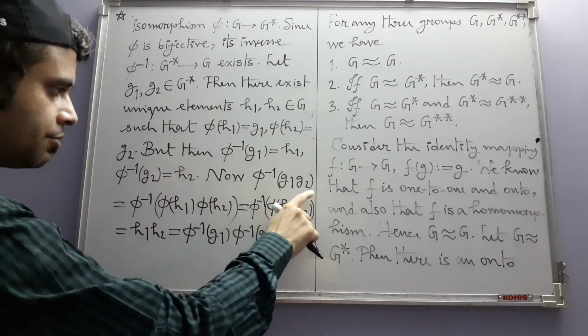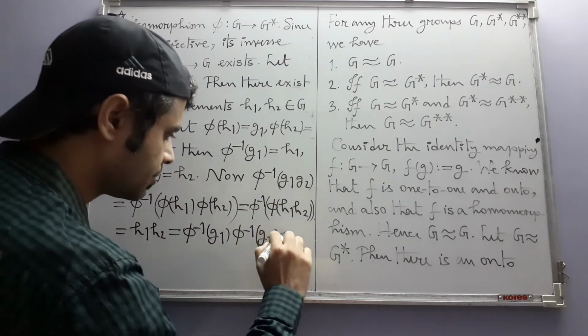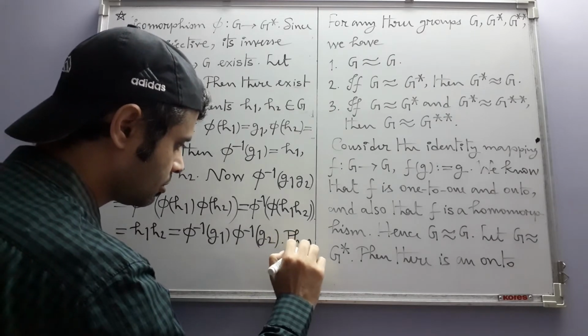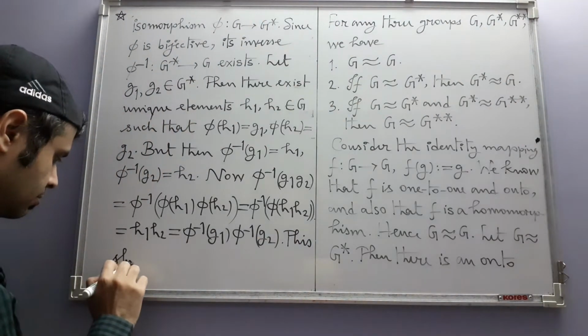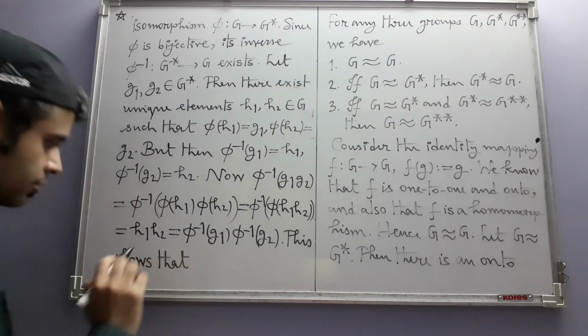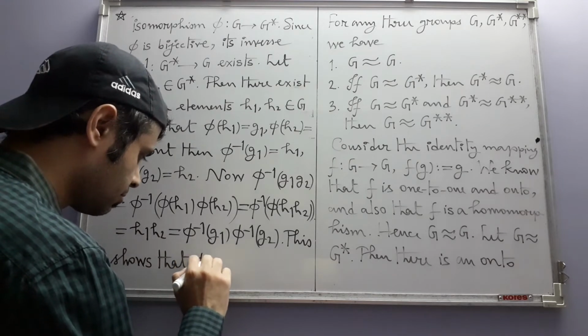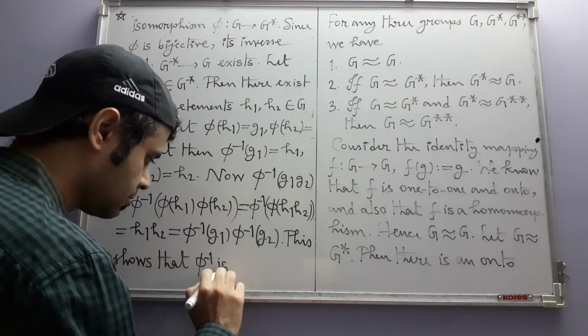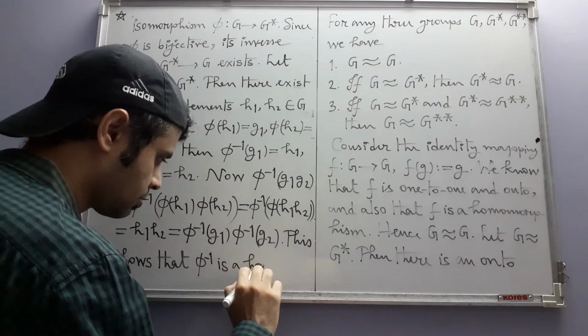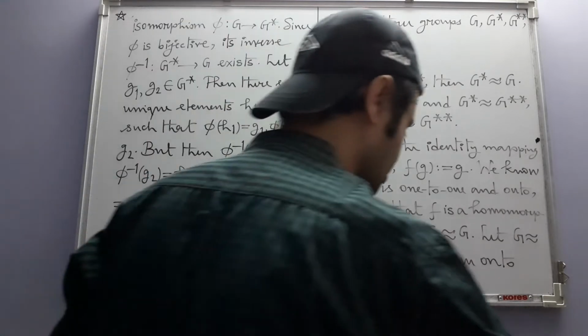So phi inverse of G1 G2 is phi inverse of G1 times phi inverse of G2. This shows that phi inverse is a homomorphism.